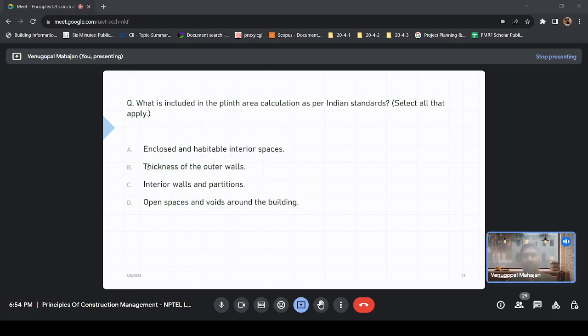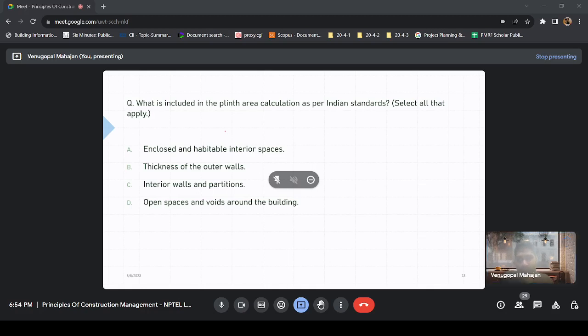What is included in plinth area calculation as per Indian standards? You just answered the question on the definition of plinth area. So what all is included and what is not?